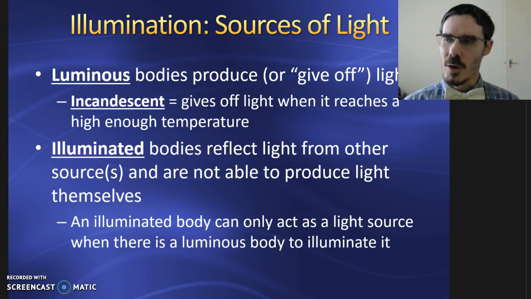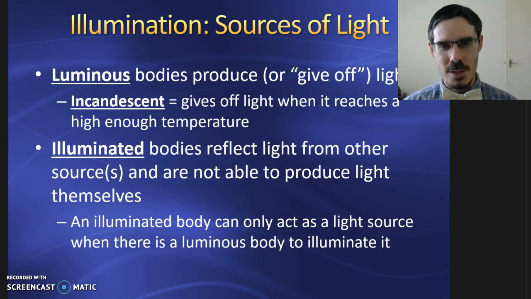When you turn it on to the hot setting, it will probably start glowing red. If you heat metal enough, it gets yellow, even white. Of course, you might have a gas stove, but again, the gas is glowing because it's hot, which means the gas is incandescent.